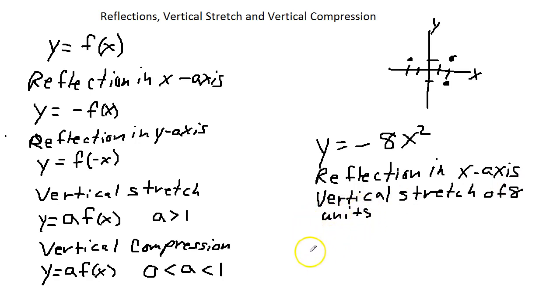Let's look at one more. What if we had y equals 1/4 x cubed? All right, well, our function family is the x cubed.